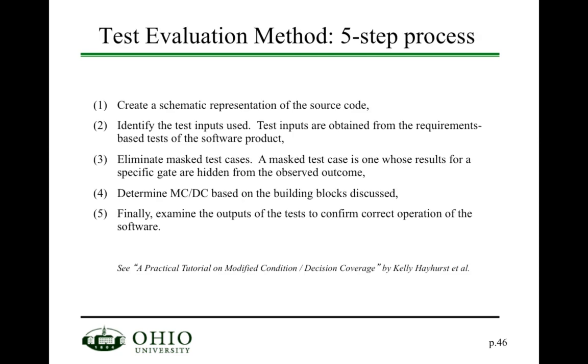Now, one method, and this method is given in this document that's provided to you on Blackboard, a practical tutorial on modified condition decision coverage by Kelly Hayhurst and a couple of others. One way to do this is, you create a schematic representation of the source code. You identify the test inputs that you used. You eliminate the masked test cases. And then, based on the result, you say if MCDC is achieved.